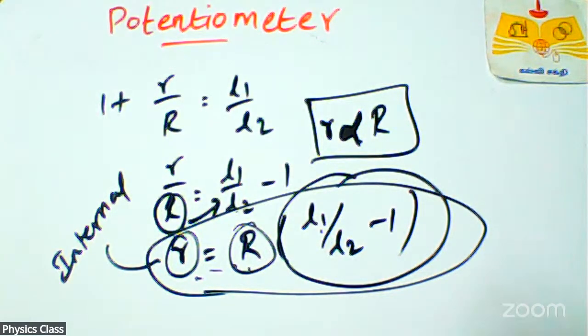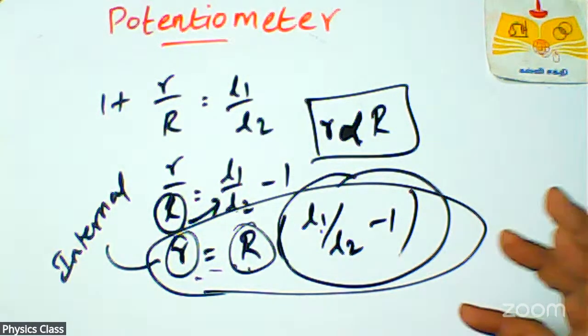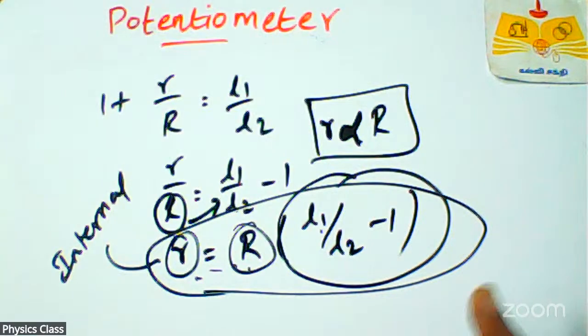It is found that the internal resistance of the cell is not constant but increases with the increase of external resistance connected across its terminal. So this is how the internal resistance of the cell is calculated using a potentiometer. Both are 8-mark questions. So this is one important question.